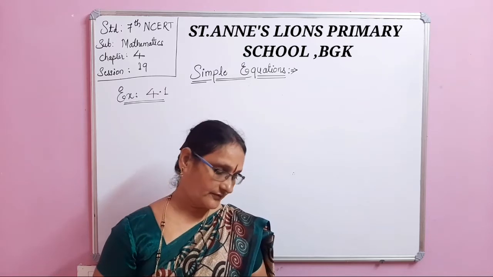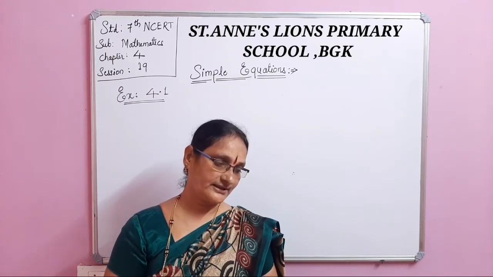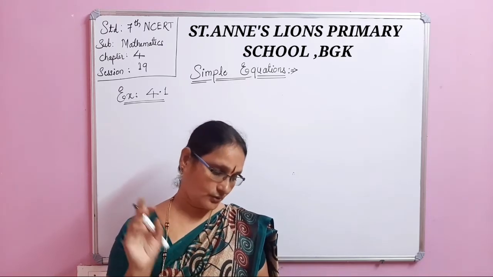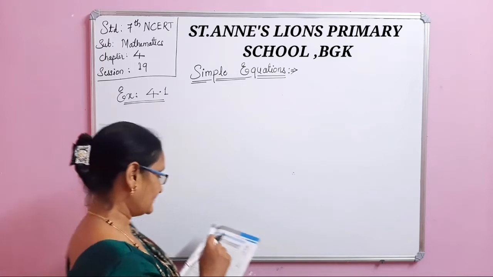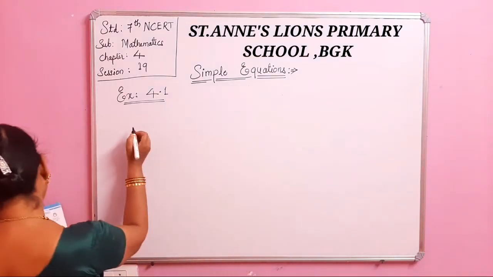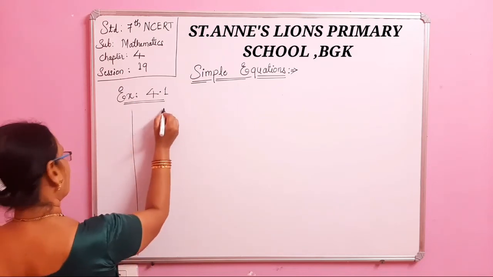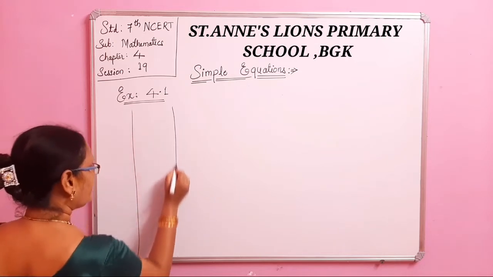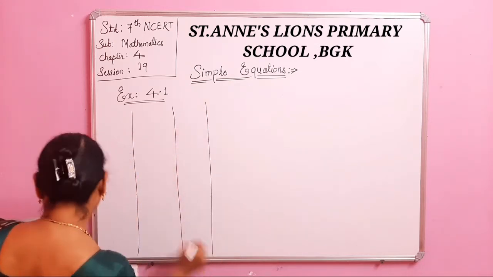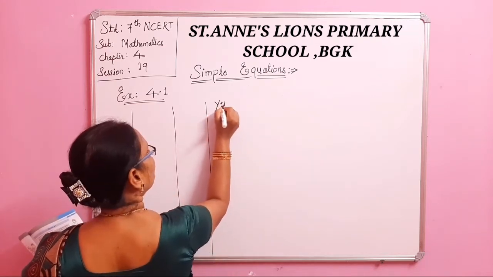Here one table is given for you. Serial number, equation, value. Say whether the equation is satisfied or yes or no. You have to write. Okay. See here. First you have to put the table. I too will put the table first. See. 1. Here equation and here value and here yes or no. You write full.